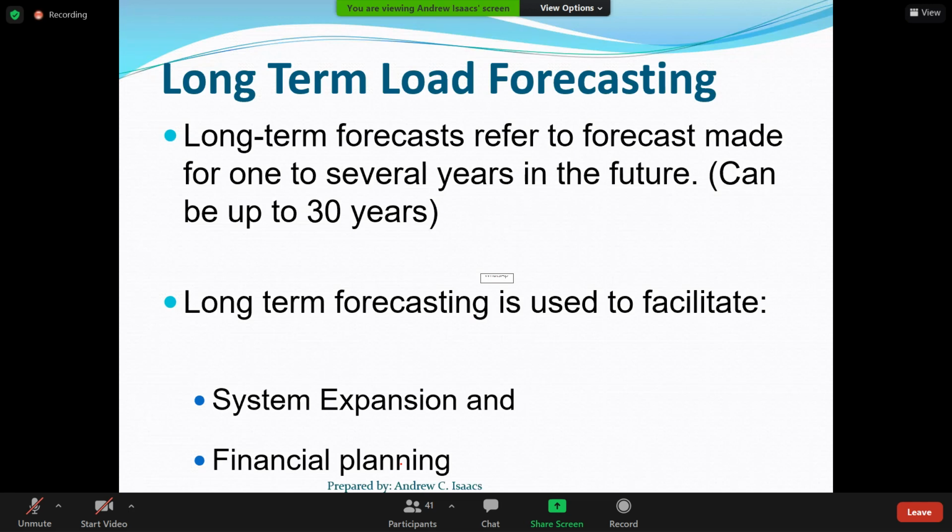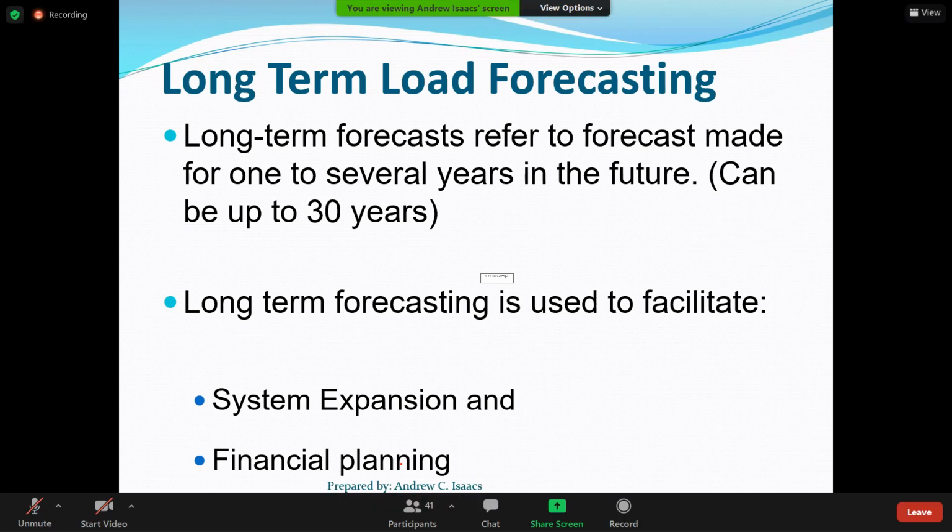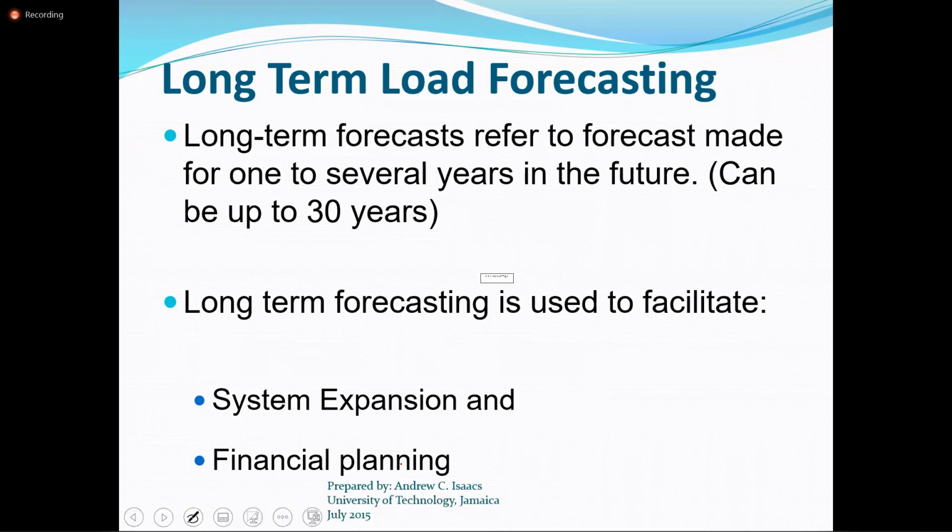And as part of that long-term plan, we have to then look and see how that will impact the operation of the grid, and what would be the planning horizon to facilitate replacement of generation for the removal of the B6. So those are aspects of this long-term forecasting that is used.